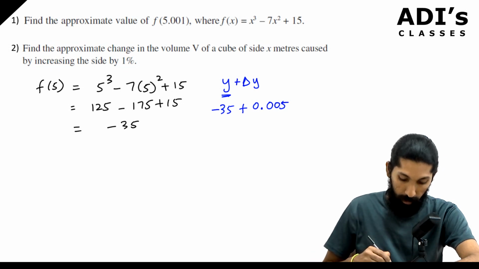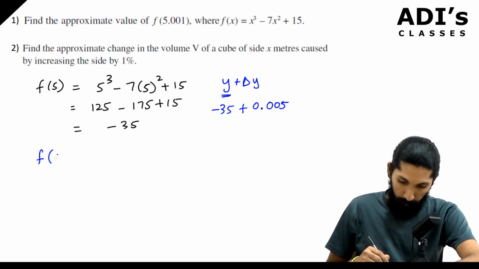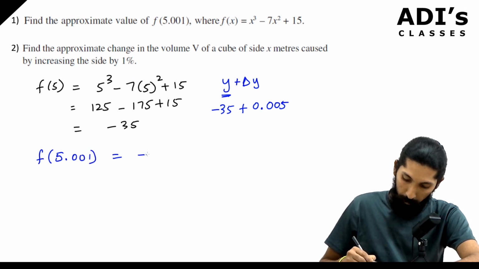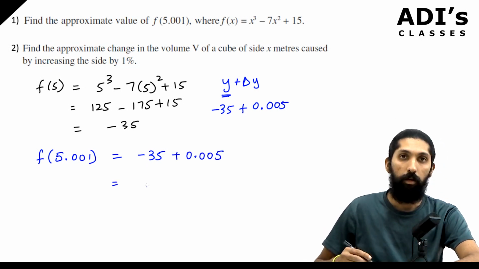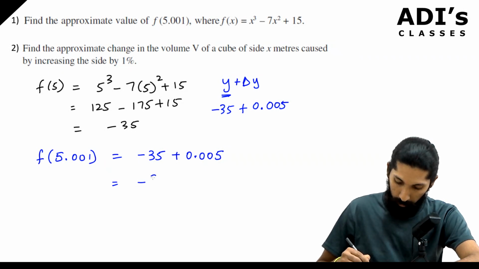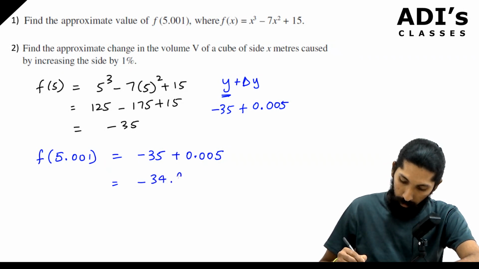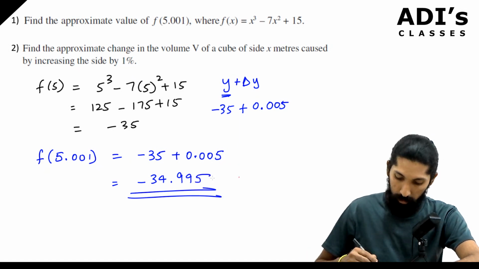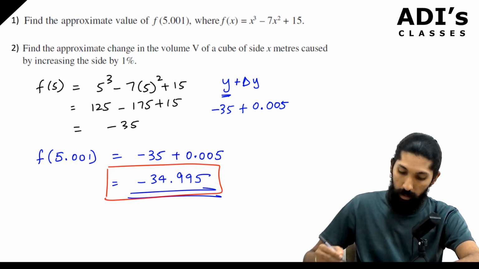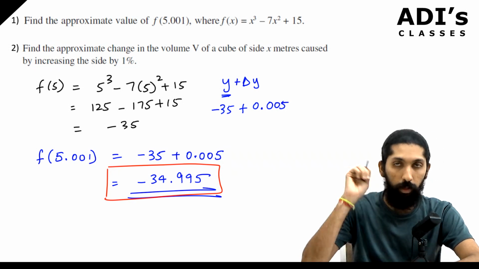That means the value, that is f of 5.001, will be minus 35 plus 0.005, which will be minus 34.995. This is the answer, or you can say this is going to be the value of f of 5.001.